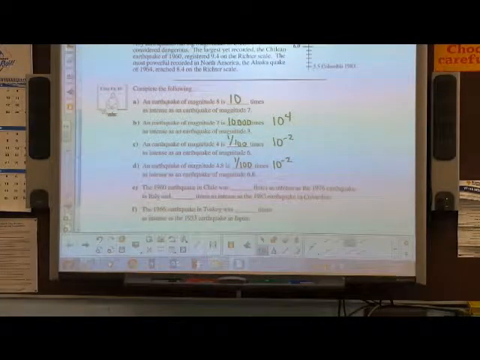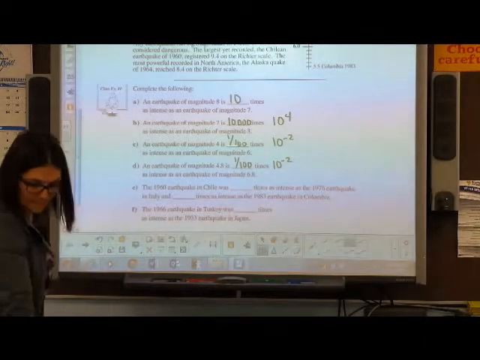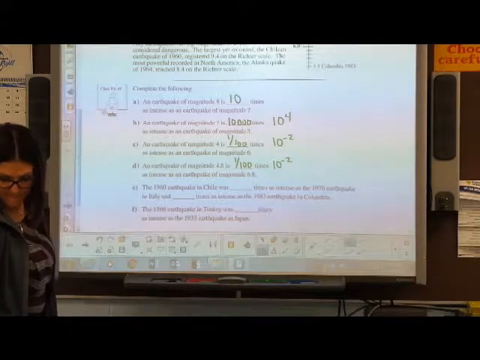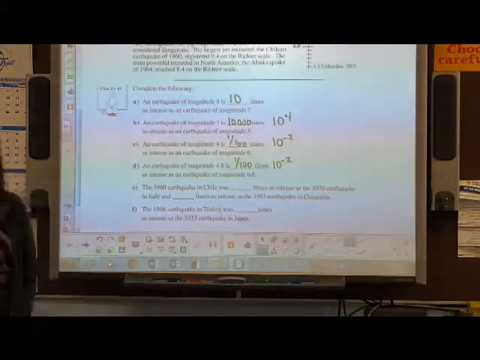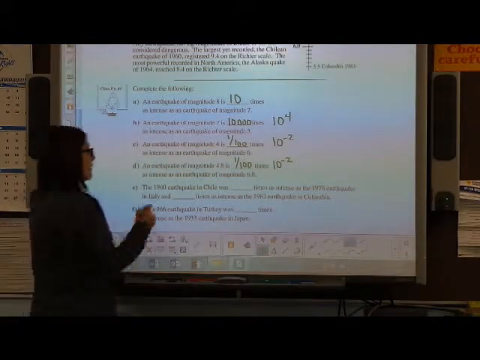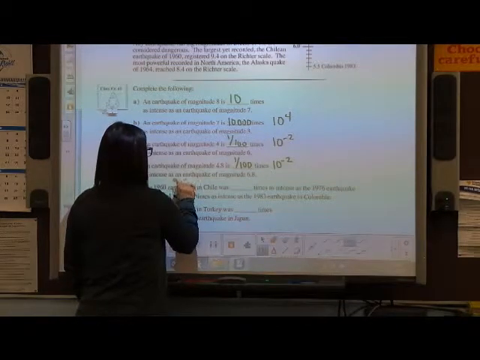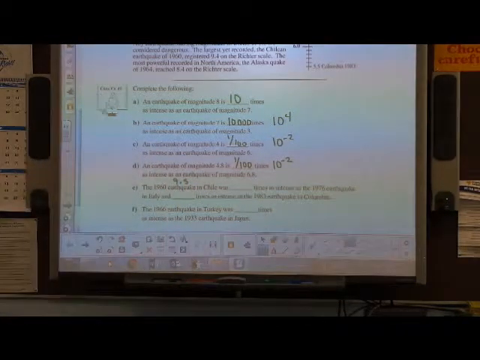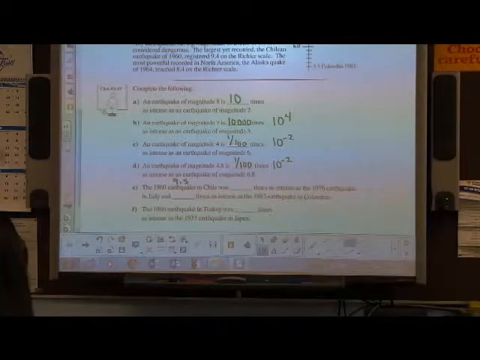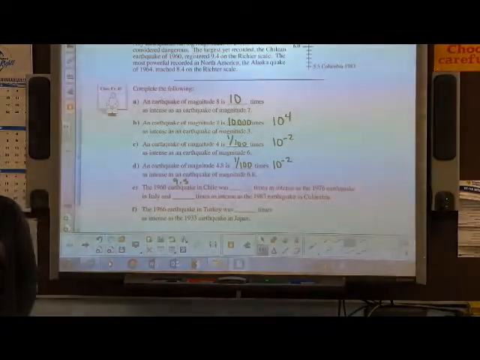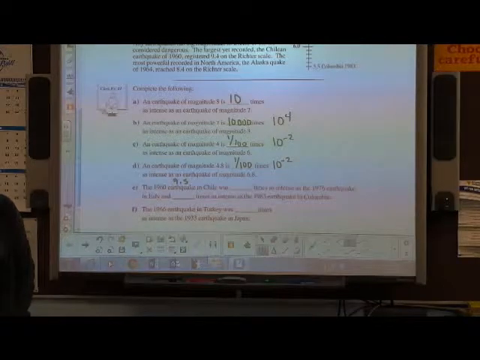The earthquake in 1960 in Chile, which had a magnitude of what? 9.5. Was how many times as intense as the 1976 earthquake in Italy? So what was the earthquake in Italy? 6.5.